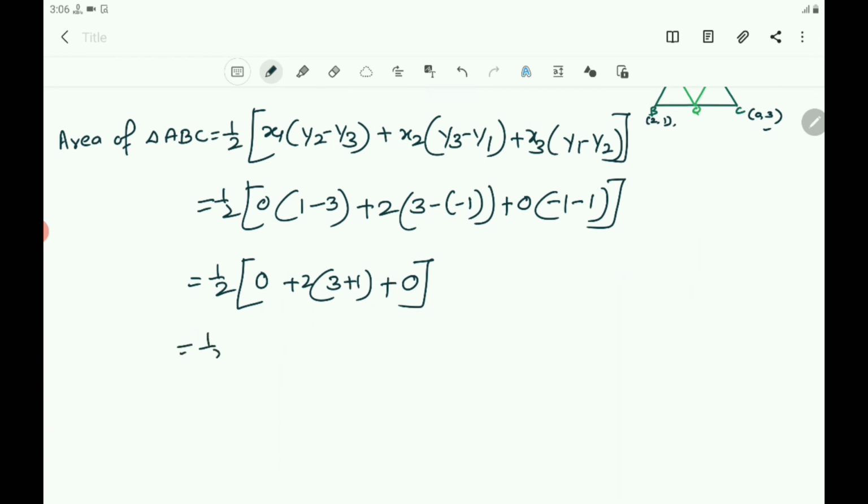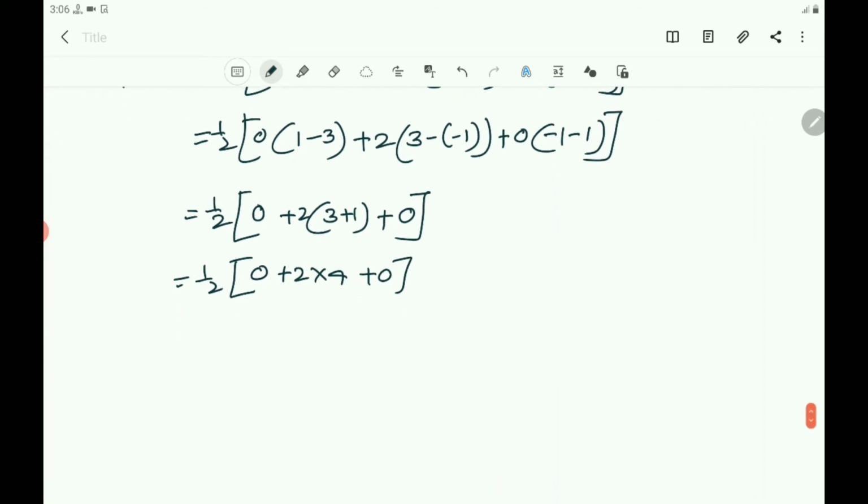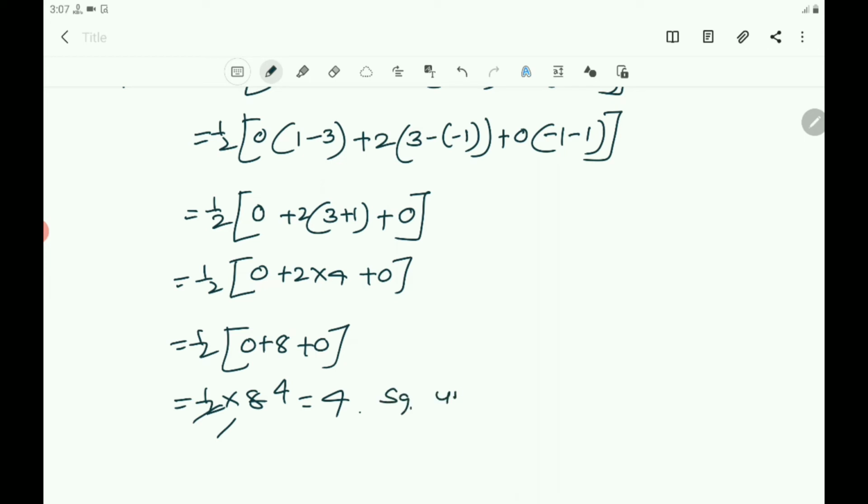Then 1 by 2 into, you take that sum here, 0 plus 2 into 4 plus 0, then it is 1 by 2 into 0 plus 8 plus 0, then 1 by 2 into 8, so 2 fours are, you got 4 square unit.